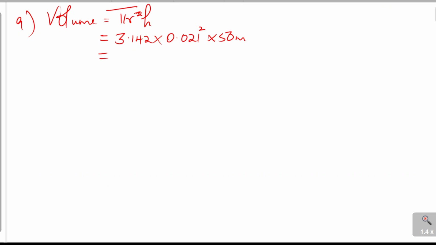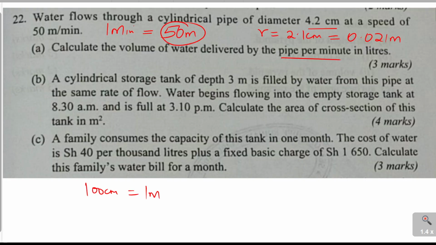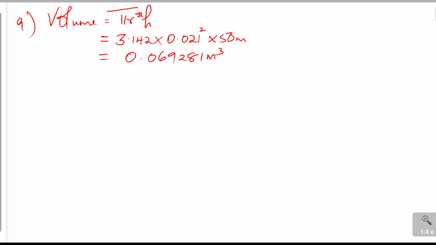So this will give you the volume in meters cubed. So when you multiply these, you'll get 0.069281 meters cubed. You're going to give the volume in liters, so you convert this to liters. Remember that 1000 liters is equal to 1 meter cubed.